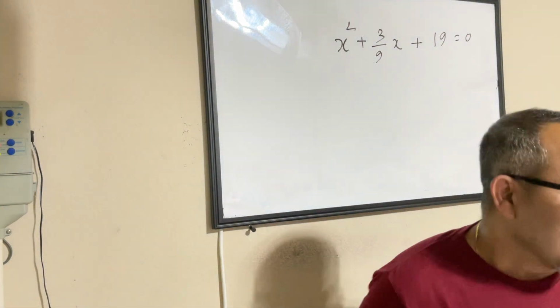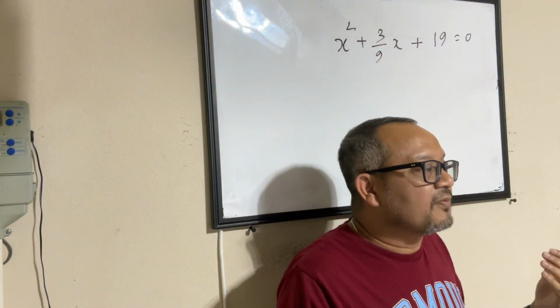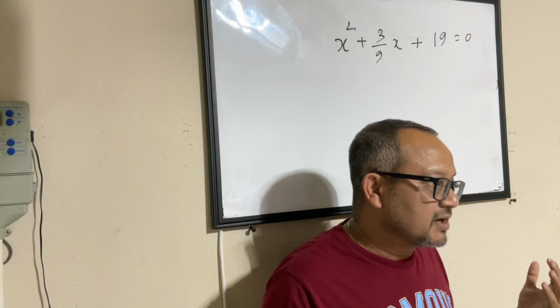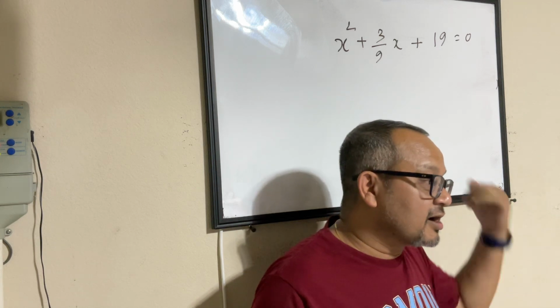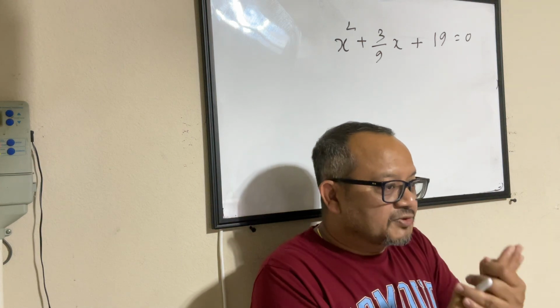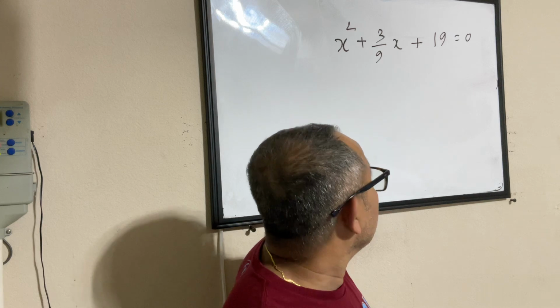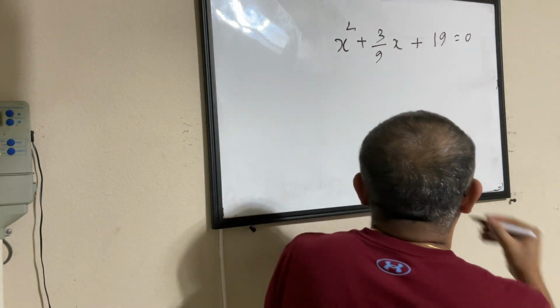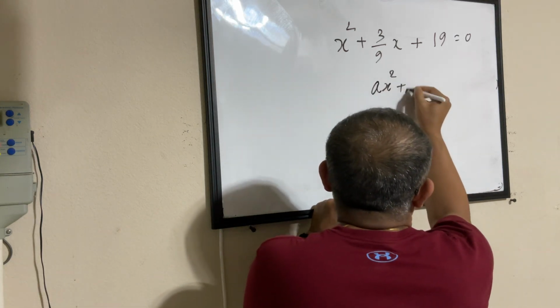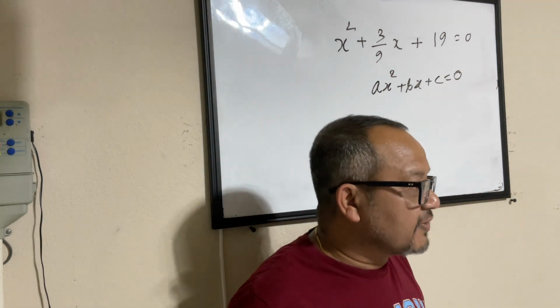So see, this problem might look scary to some of us when we try solving it. But here as a group, we are much stronger than this problem. I got 4 different options. One option was that I will just map this with my standard equation and find out the values of a, b, c and apply the quadratic formula straight away.